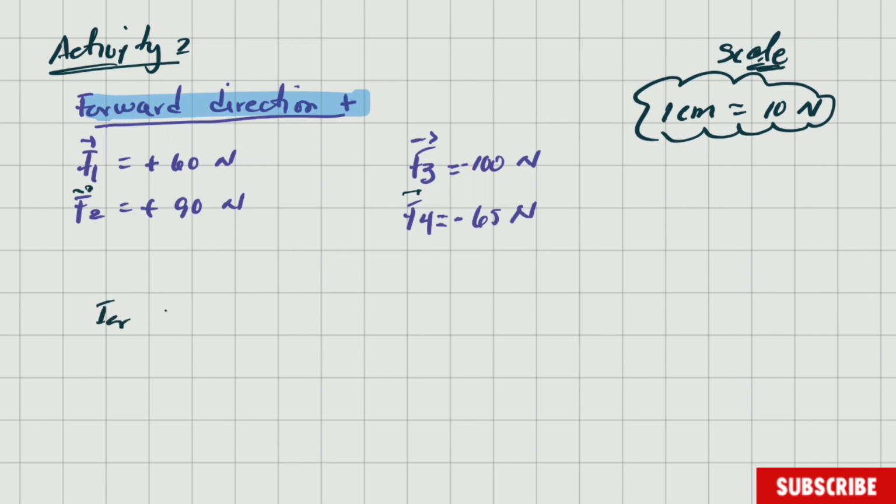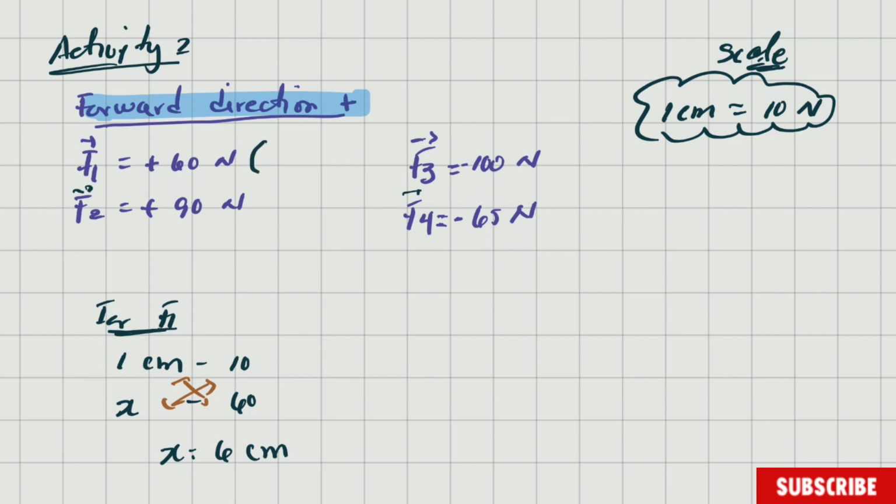So for F1 we have that 1 centimeter is equivalent to 10 Newton. If we have 60 Newton, how many centimeters will it be? Remember, this one is a cross product. You get x equal to 6 centimeters.